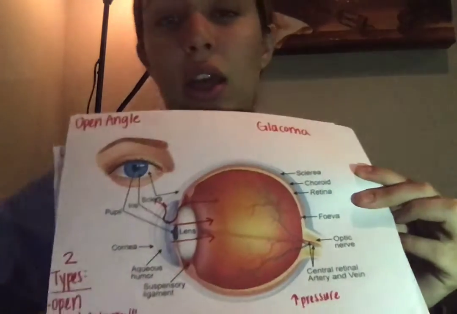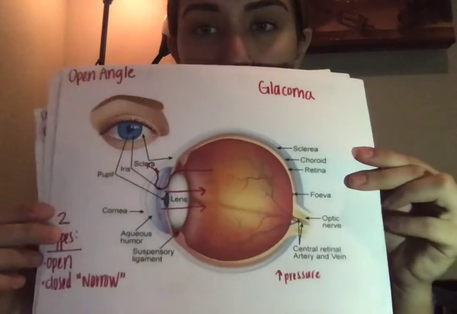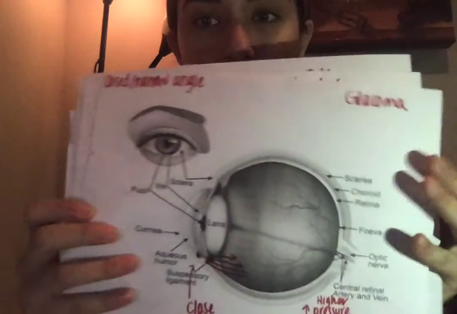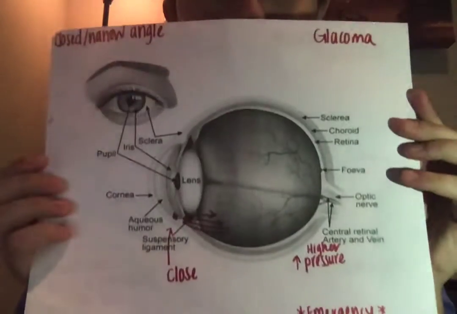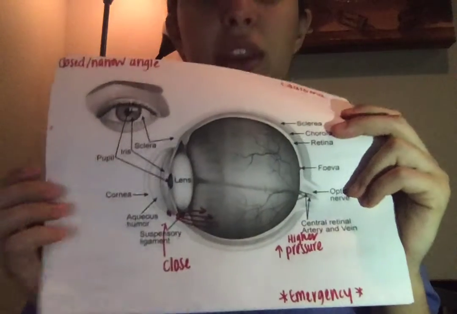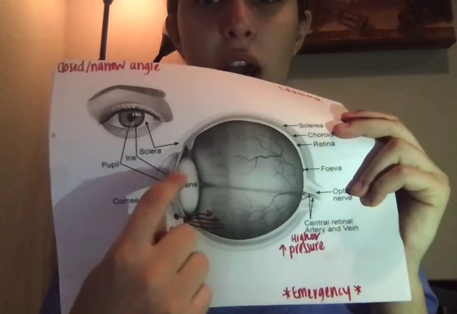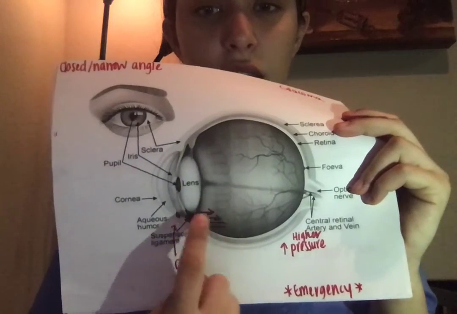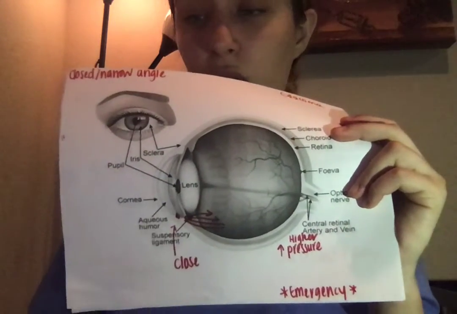Okay. So now that I explained open angle glaucoma, let me show you closed angle glaucoma. With this one, instead of it going out past the lens and out the duct, it goes through this closed angle here.